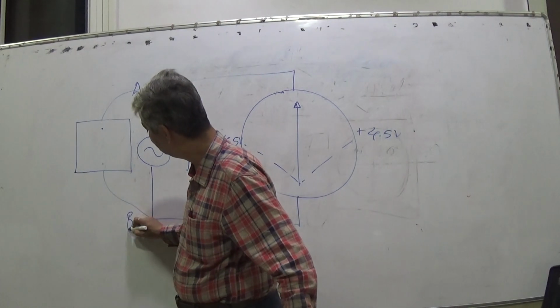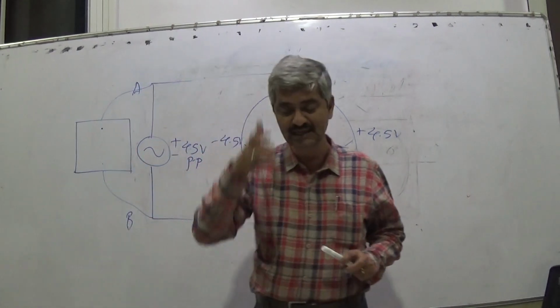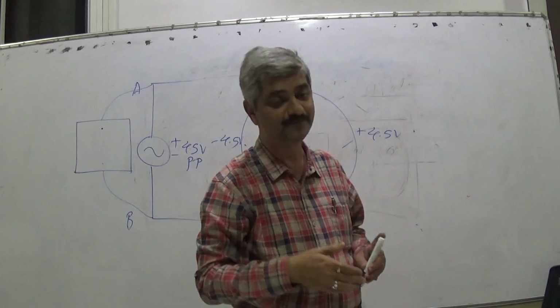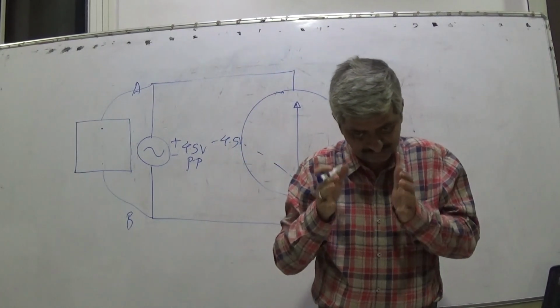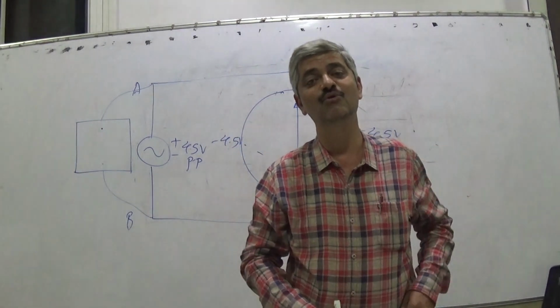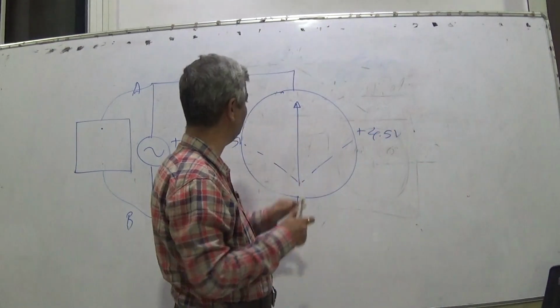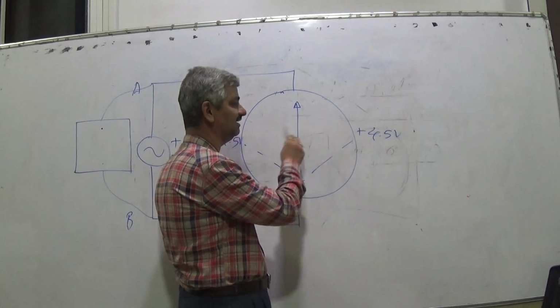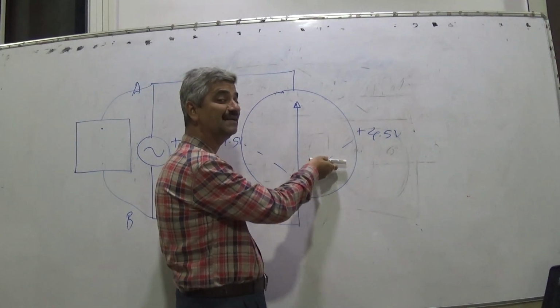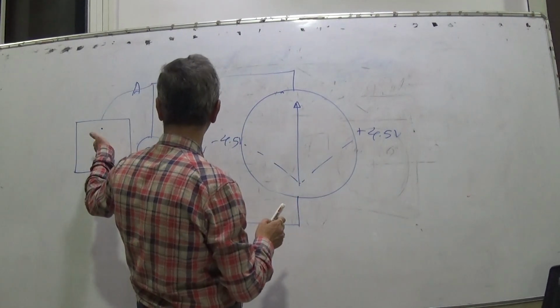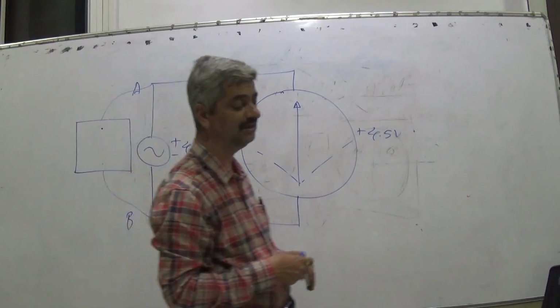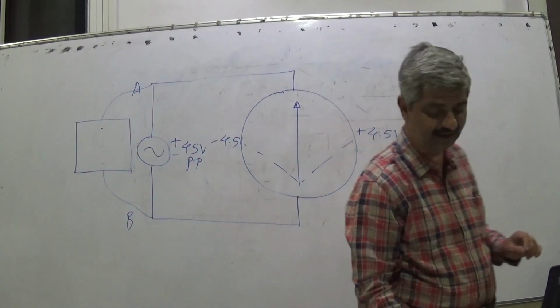Then the electron beam is a physical phenomenon which can move very rapidly. So this mechanical pointer can also move, but there is a limit on its maximum speed, and regarding electron beam, it can move very, very rapidly. So what will you find?